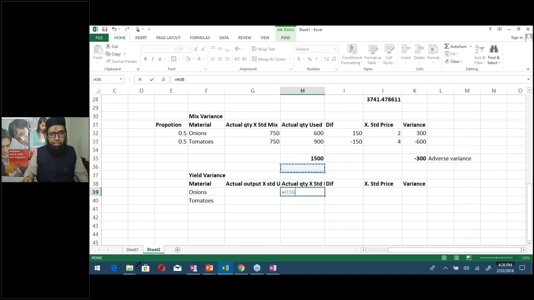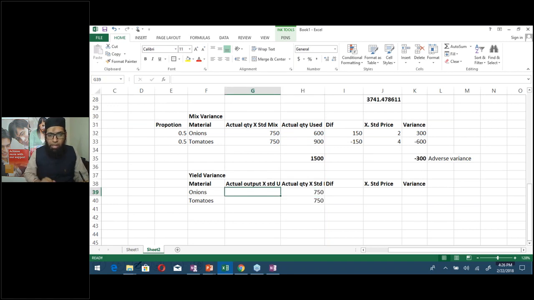So this will be equal to 750, and I can now fill in the actual output into standard usage. So in actual, we have produced 100 units and the standard usage was 5. So this will be 500. This will be the same for tomatoes.